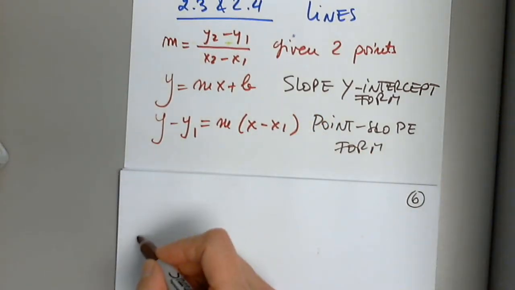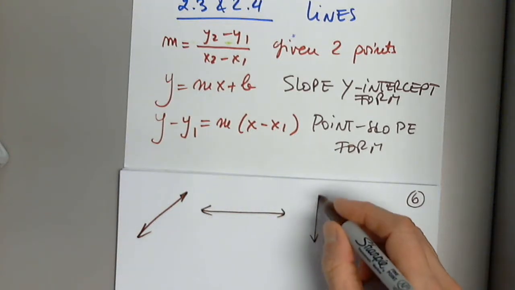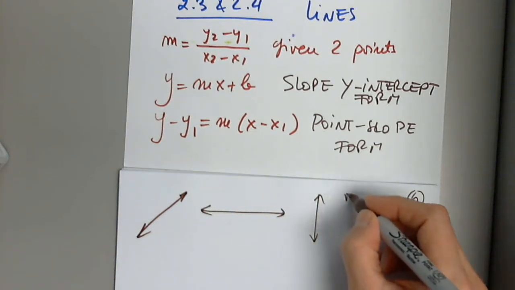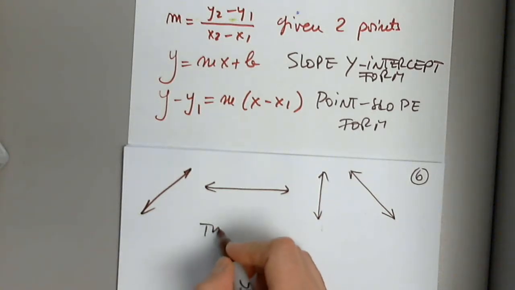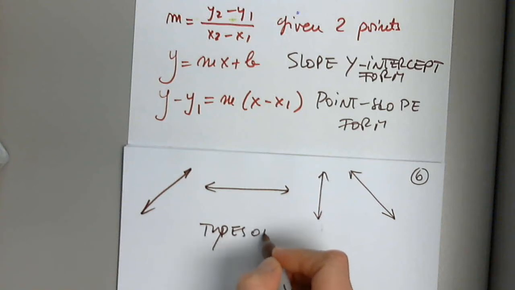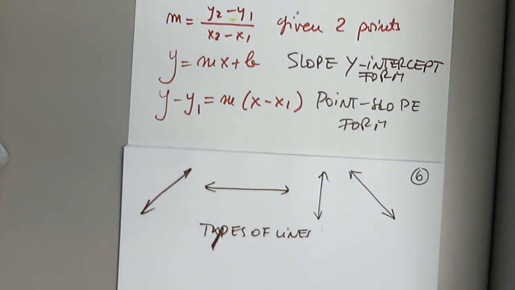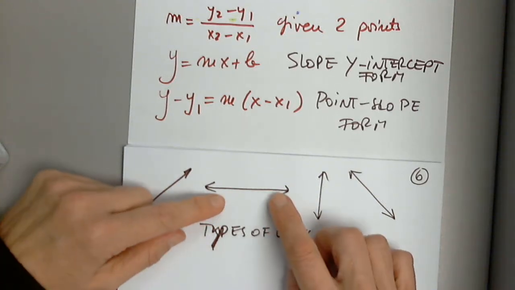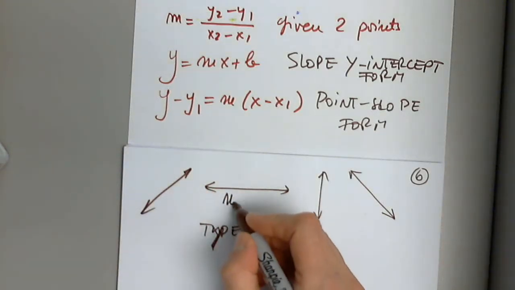So now I would like to show the 4 types of lines that we may encounter. These are the only types of lines. What type of line is this? What is the slope of a horizontal line?